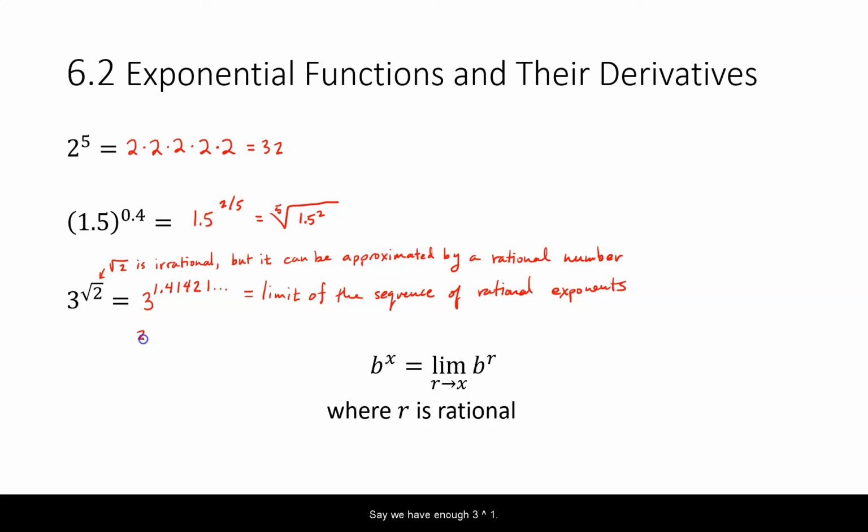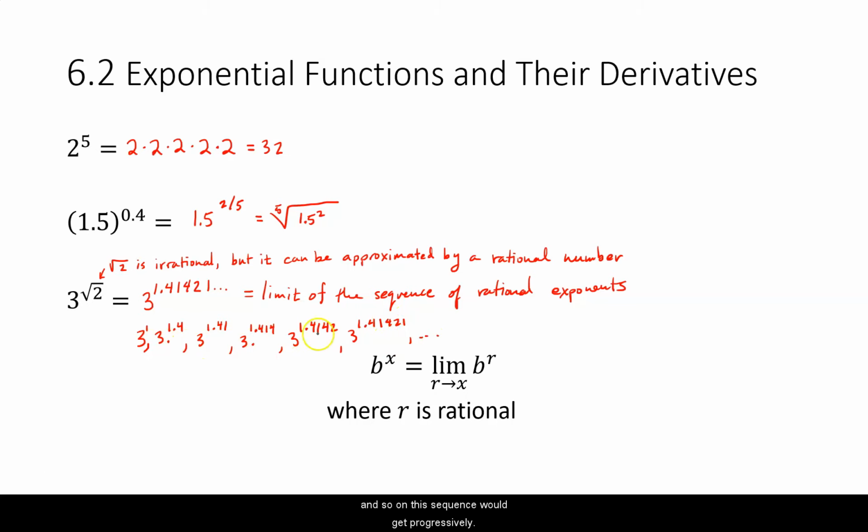Say we have 3 to the power of 1, 3 to the power of 1.4, 3 to the power of 1.41, 3 to the power of 1.414, 3 to the power of 1.4142, 3 to the power of 1.41421, and so on.